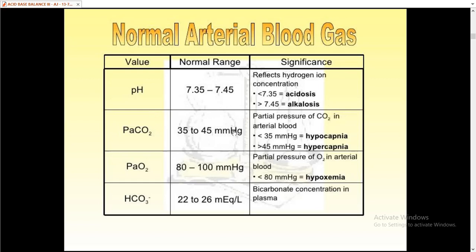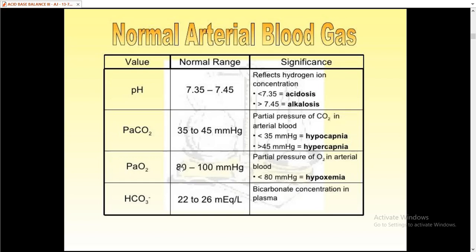Normal PaCO2 is 35 to 45 millimeters of mercury, and if the partial pressure of carbon dioxide in arterial blood is less than 35, we call it hypocapnia. If it's more than 45, we call it hypercapnia.